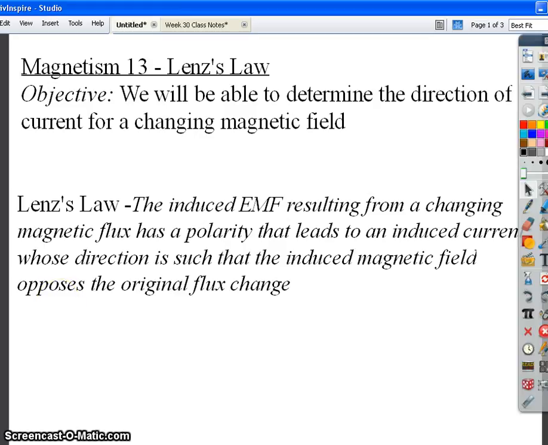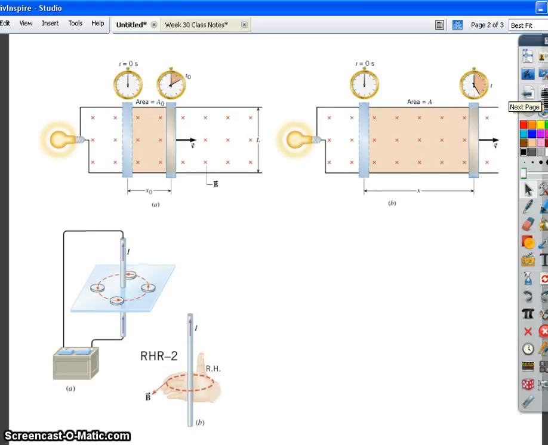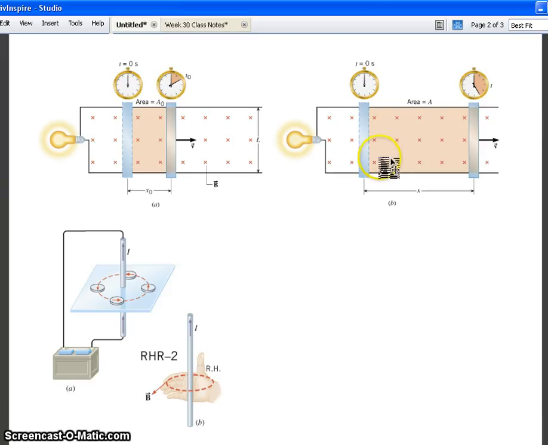So let's take a look at this. Let's recap for a second here. We know that if we change the flux through a surface, and in this example right here, we are changing the flux. The flux is increasing from this side to this side. There are more magnetic field lines going through this area than this one.